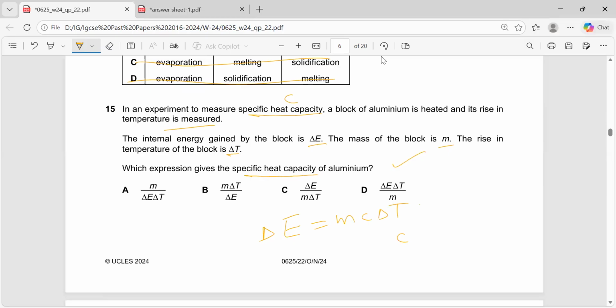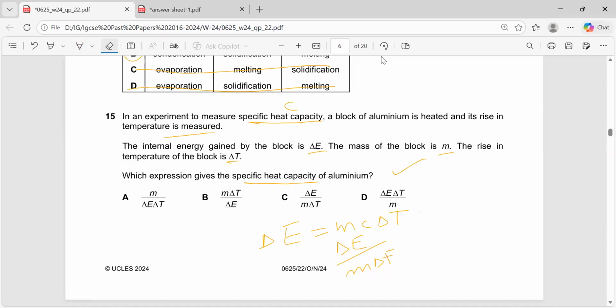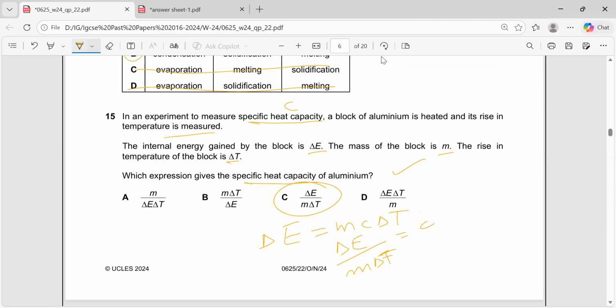So making C as the subject of the equation, it will become delta E over M delta T. Check which option can be the correct answer. That is C. Delta E over M delta T. So for 15, answer is C.